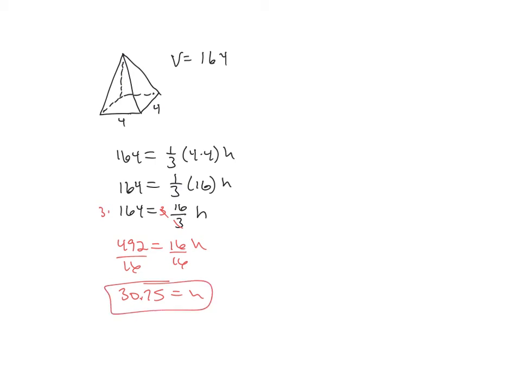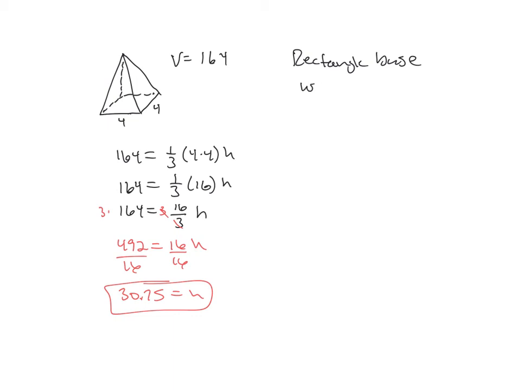A lot of your assignment is actually going to be, I know the volume, find the height, or I know the volume, find part of the base. So if it said a rectangle base, the wording will be, the width of the rectangle.